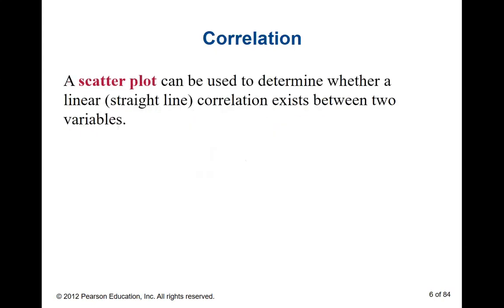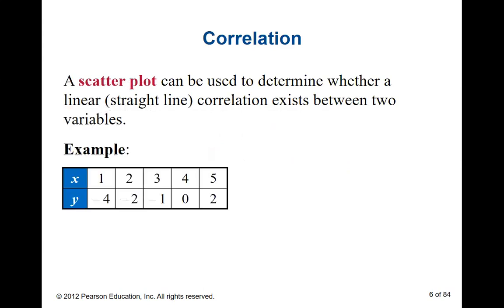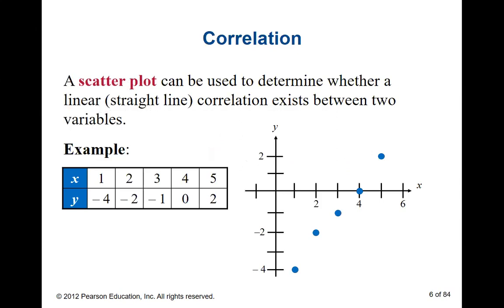Now, a scatter plot can be used to determine whether you get a linear correlation between two variables, right? Because all a scatter plot is, I plot points and then I can see if it looks like I have a line. So for example, here is a scatter plot.